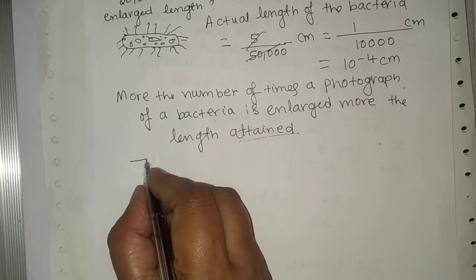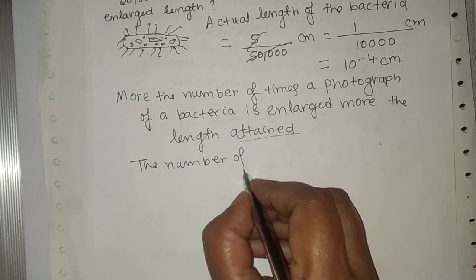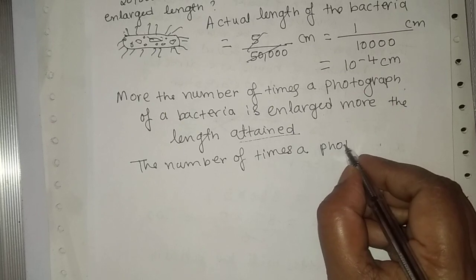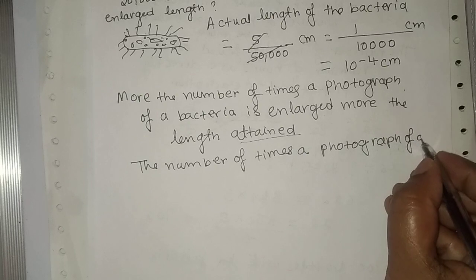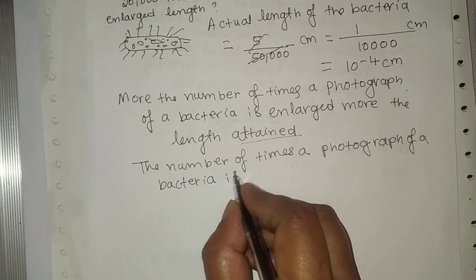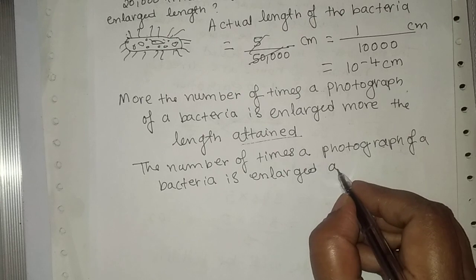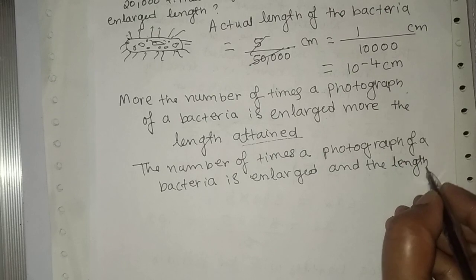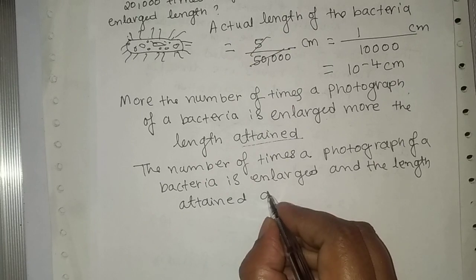So the number of times a photograph of a bacteria is enlarged and the length attained are directly proportional to each other.